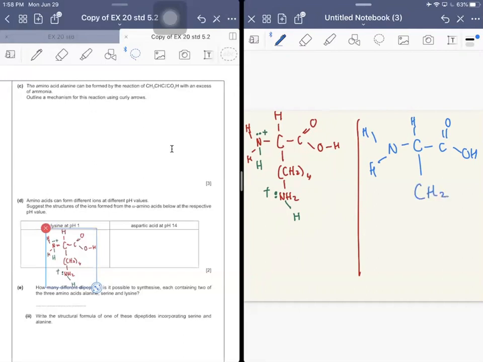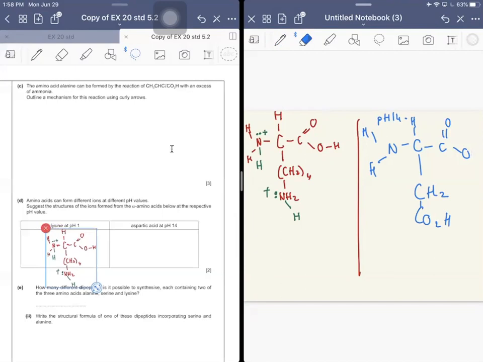CH2 COOH. Okay, so now this time we're in a region of pH 14. That means we have hydroxide ions more than H plus ions, or in a way we are losing our H plus ion. Okay, so what happens is that our hydroxide ions will pick up the H from our acid.